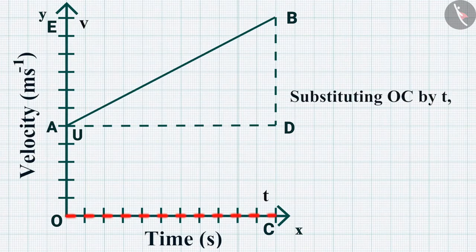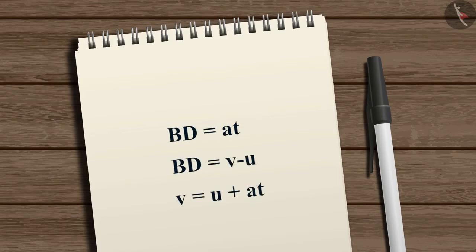Substituting OC by t, we get a = BD/t. BD = at. By substituting the value of BD = at in BD = v − u, we get v = u + at.